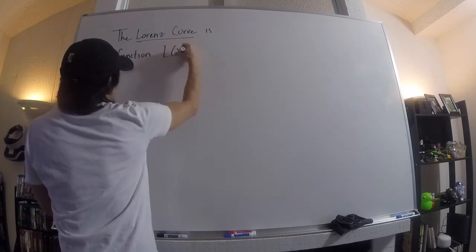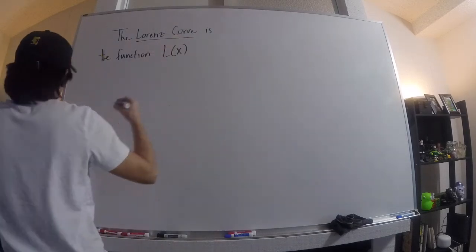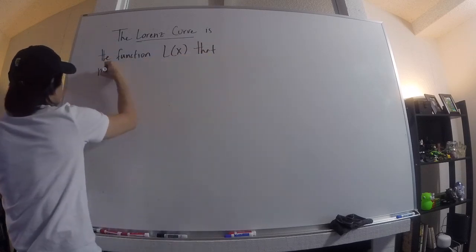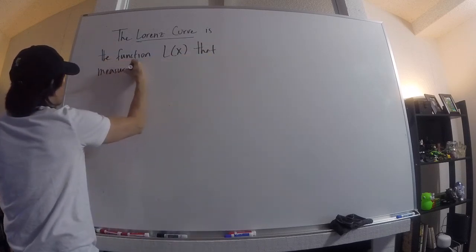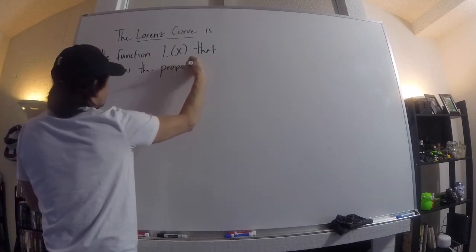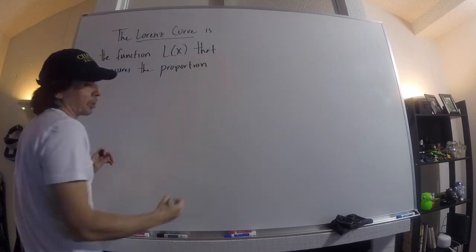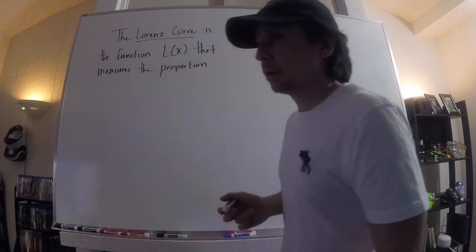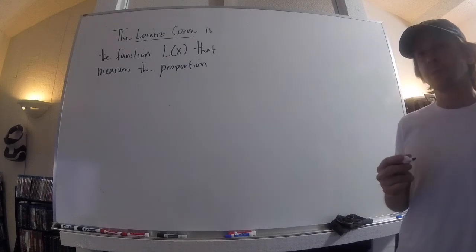They are using L of x for the Lorenz curve here, which measures the proportion, which is essentially like a percent but in decimal form. So when they say a proportion of 0.7, that's 70%. A proportion of 0.5 is 50%.